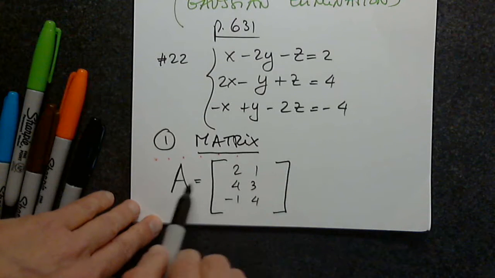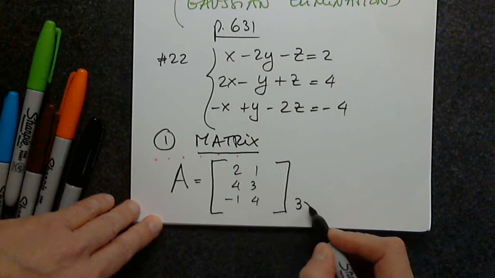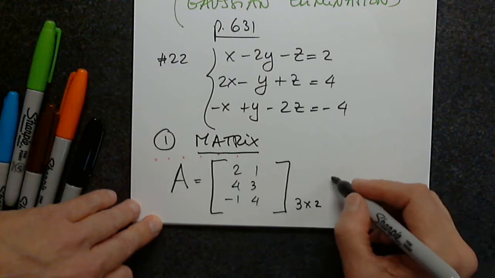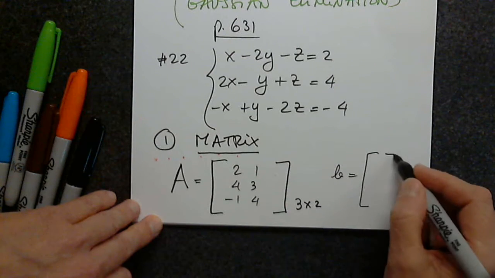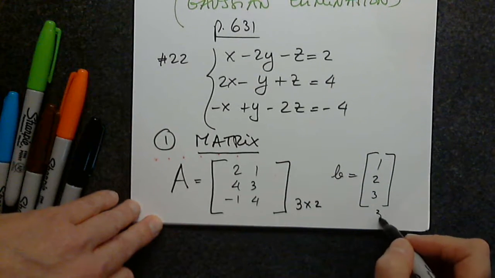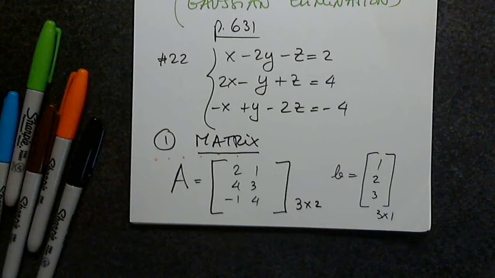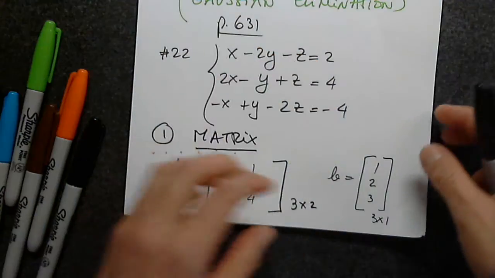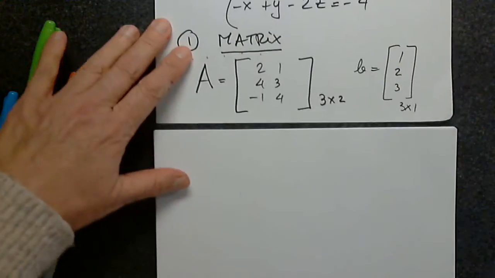And this is a matrix with 3 rows and 2 columns called 3 by 2. Here's another one. 1, 2, 3. This is a matrix of 3 by 1. 3 rows, 1 column. And also let's look at one more. So these are examples of matrices.